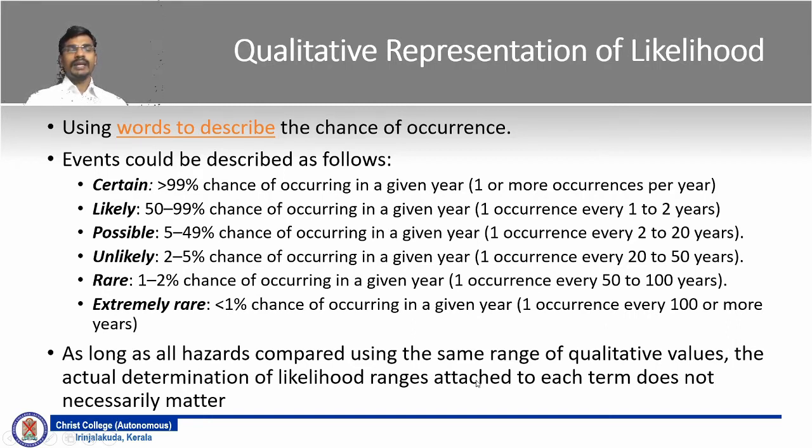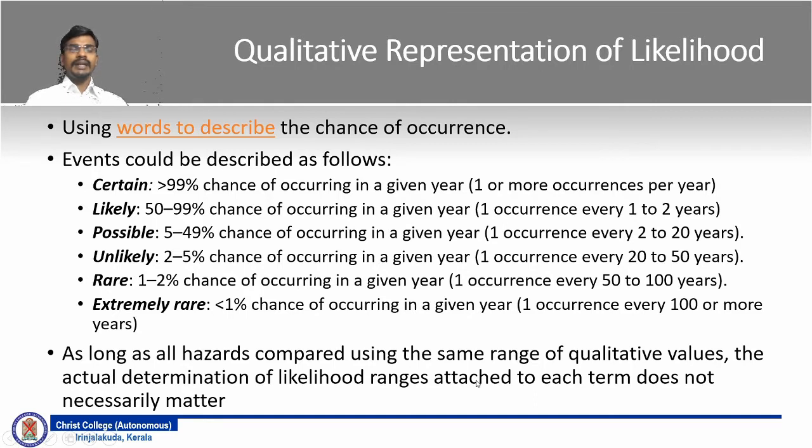Now, there is a category called possible when the chance of occurring within a given year is between 5 to 49%, which means that there could be an occurrence of the event every 2 to 20 years.